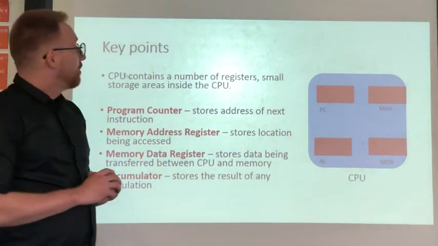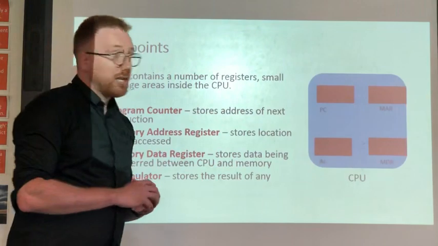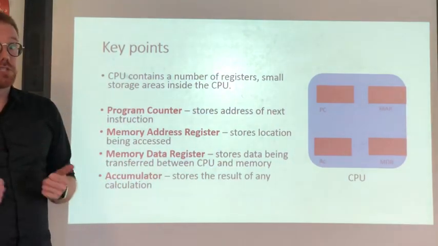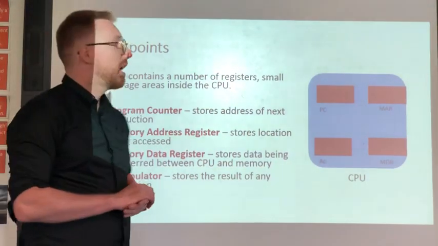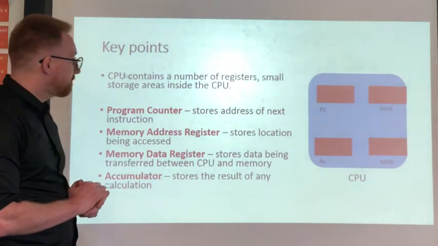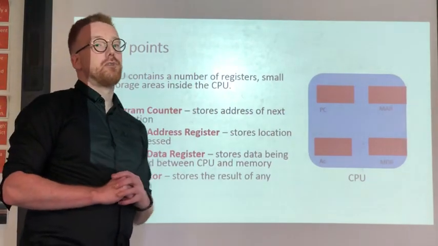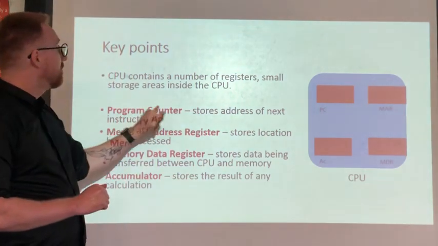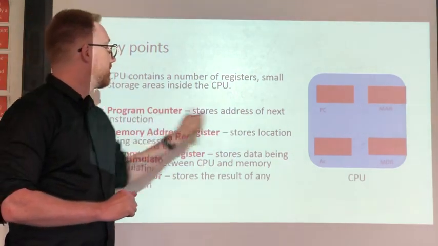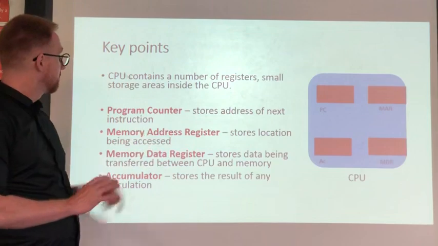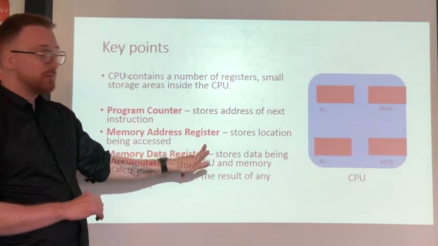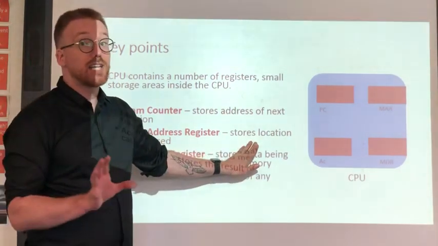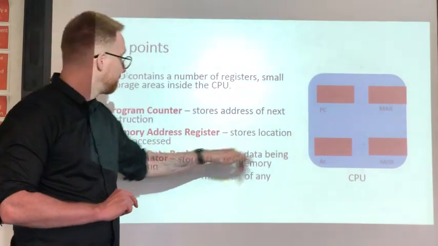Obviously, we need to make sure that we have an understanding of what we mean by a register being a small storage area inside the CPU. We need to know the function of each of the different registers. Program counter stores the address of the next instruction. Memory address register stores the location you're accessing in main memory.